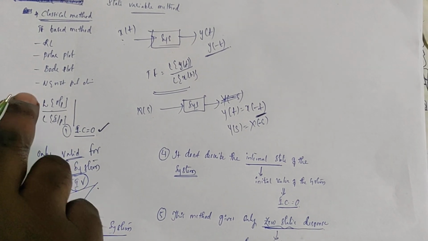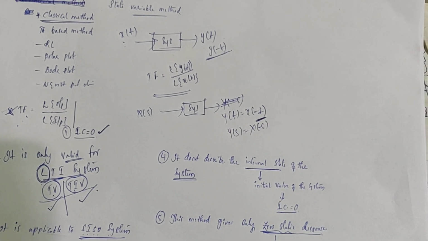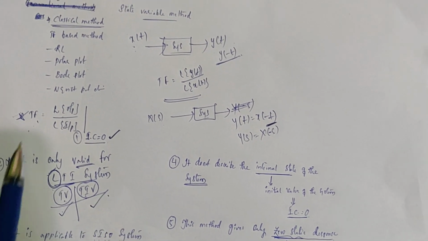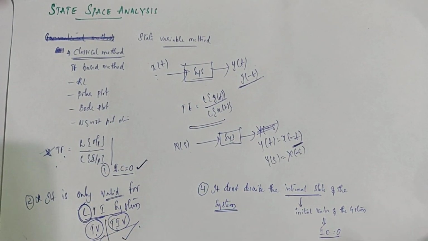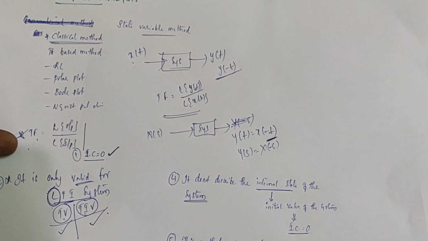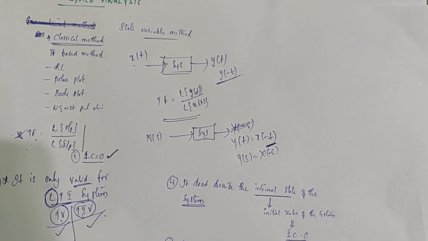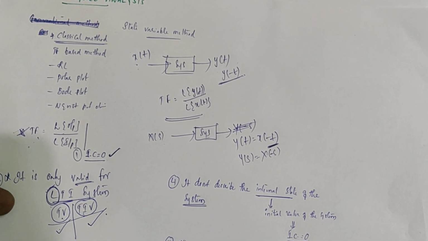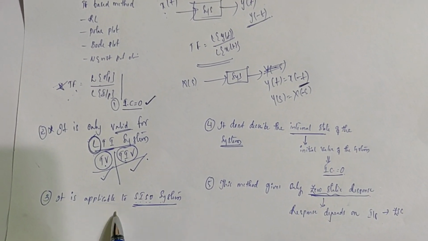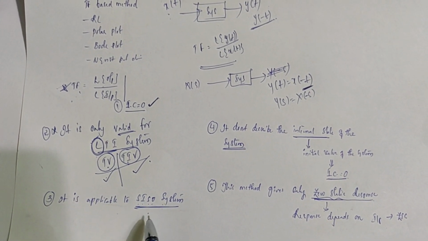So these are all the limitations of the transfer function method. We overcome all these limitations by using a new technique called state space analysis, or the state variable method. In the state variable method, first, we consider initial conditions, and it is applicable to both linear and non-linear functions and time variant and time invariant functions. Most importantly, it is applicable to multi-input multi-output systems.